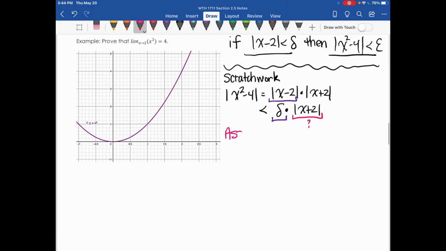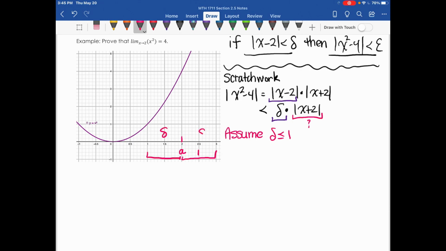We are going to assume that delta is less than or equal to 1. So we can make this assumption because we know these distances are going to get smaller and smaller. So we're going to start off with a delta less than or equal to 1. Now, if we look at our value of a, which in this case is 2, if I know my delta is less than or equal to 1, then I'm going to come out 1 this way and 1 this way.